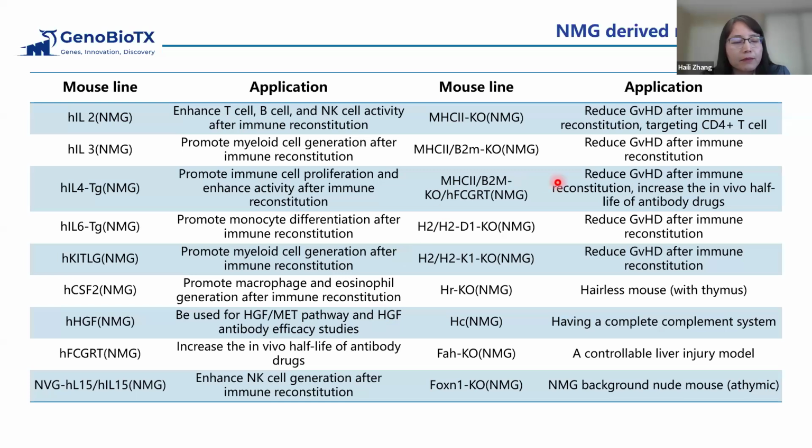We also developed some gene knockout models such as MHC2 knockout, MHC2 B2M double knockout, which help reduce GVHD after immune reconstitution.